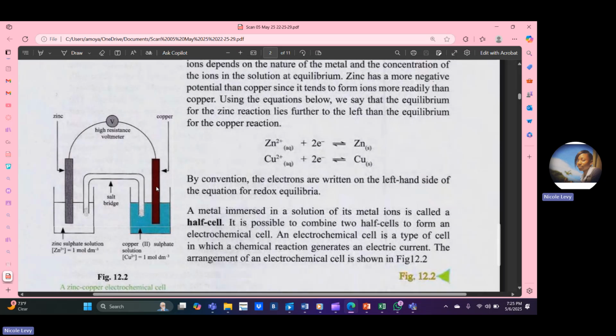So this electrode will increase in size because the copper ions in the solution here are going to accept electrons to form back solid copper. But the zinc is going to get smaller because the zinc metal is breaking down to give us the ions and the electrons.